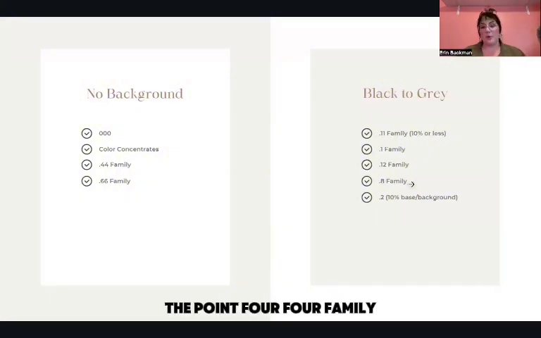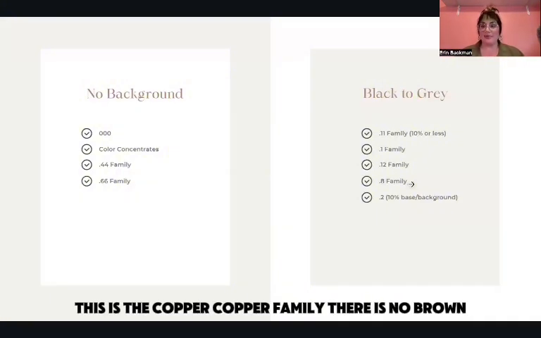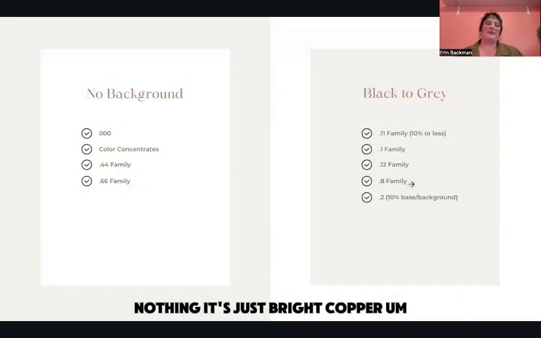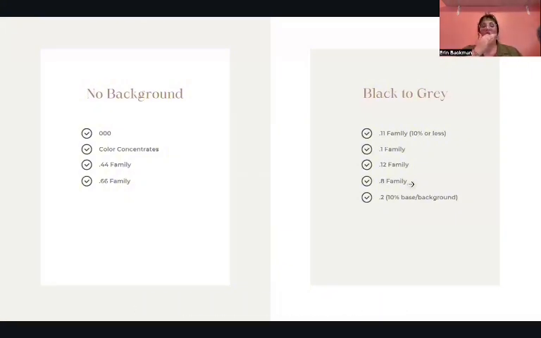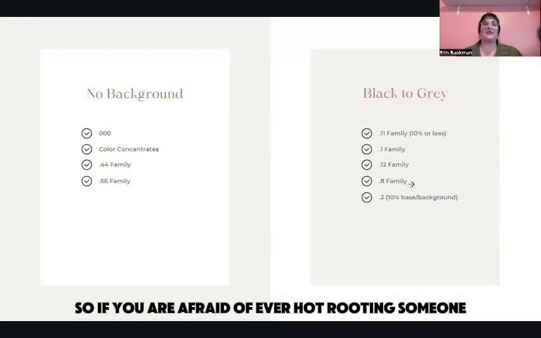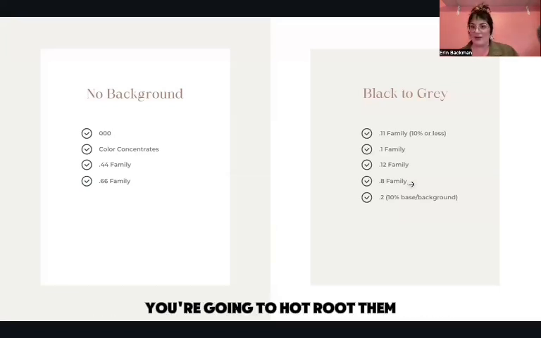The 0.44 family, this is the copper family. There is no brown, nothing. It's just bright copper. And then also the 0.66 family. So that bright red family, just red, nothing else going on. So if you are afraid of ever hot rooting someone, steer clear of those because there's no brown. You're going to hot root them.